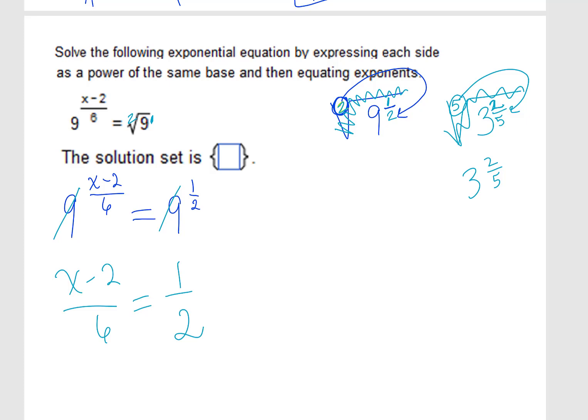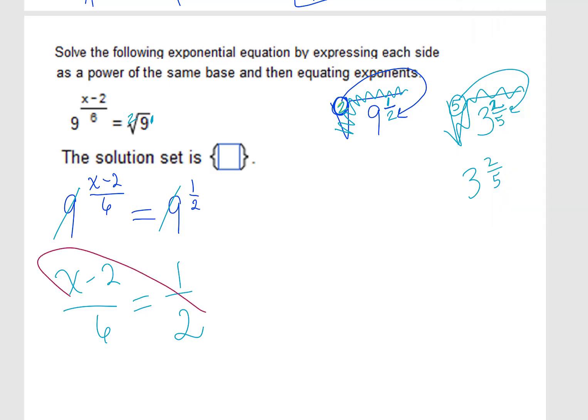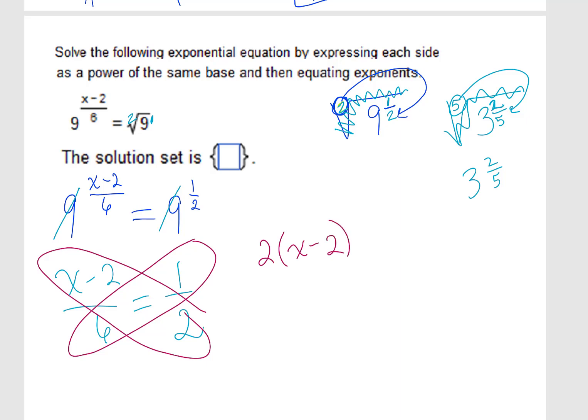So I know when 2 fractions are equal to each other, then their cross products are also equal to each other. So I know that the product of this has to be equal to the product of this because that's just a characteristic of 2 equivalent fractions. So 2 times x minus 2, make sure you remember to put x minus 2 into parentheses, otherwise you won't distribute it, equals 1 times 6.